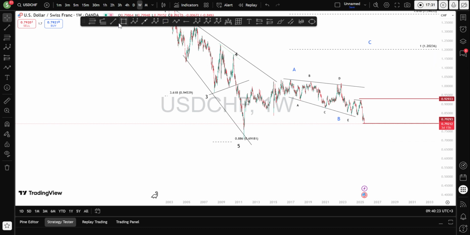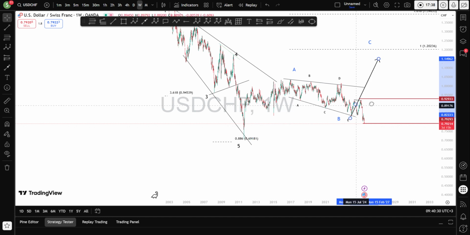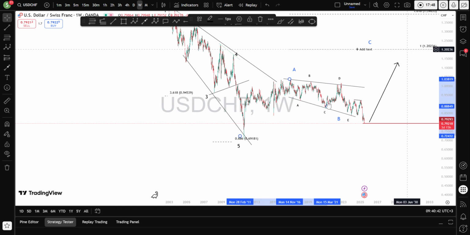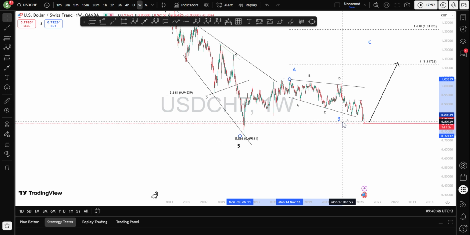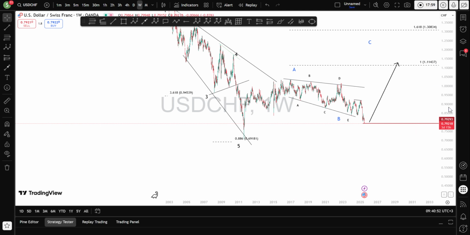So that means if that forms a flag, we'll be anticipating a move to the upside. So we'll be anticipating a move upwards.